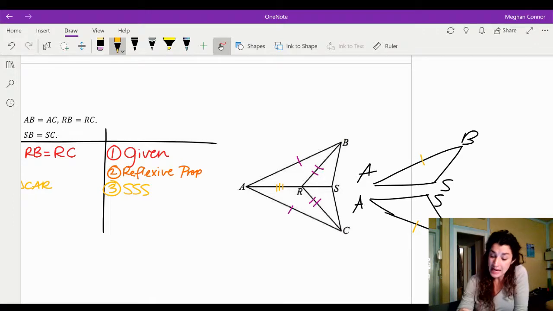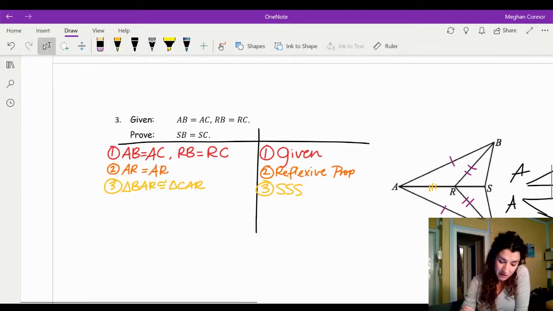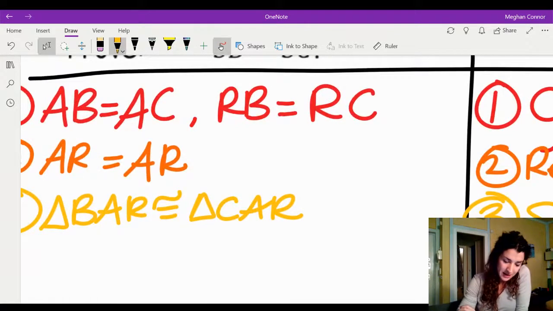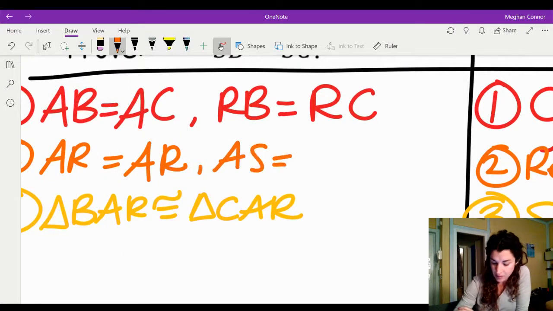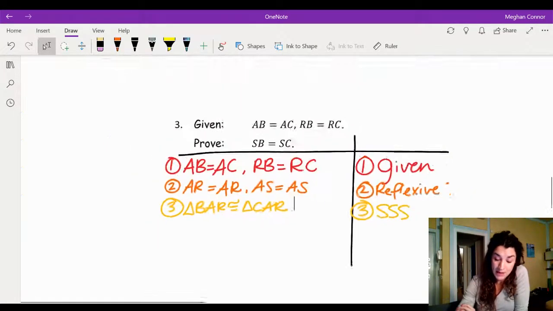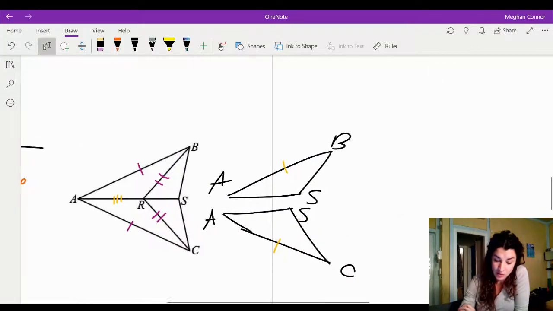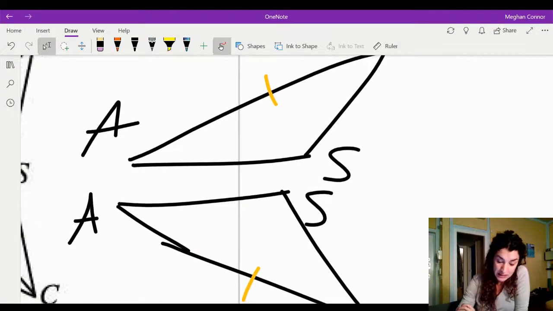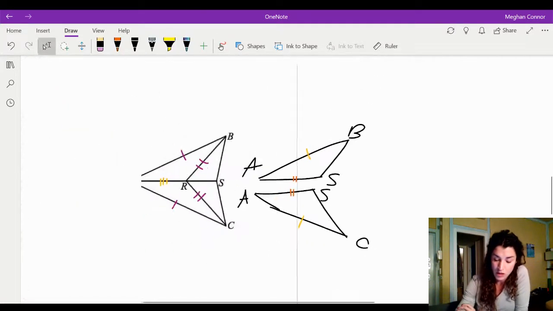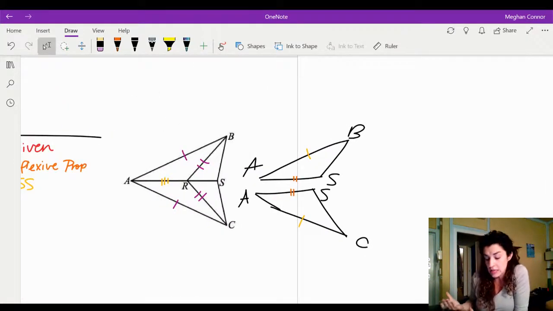I could prove that AS equals AS. I could even, if I was feeling super lazy, go in here and add it into step 2, so I don't have to write that reason again, because one does not rely upon the other. AS equals AS is true. You could say it at any point in the reasoning because you haven't done anything to need it to be true in the proof. It's true because of the diagram.